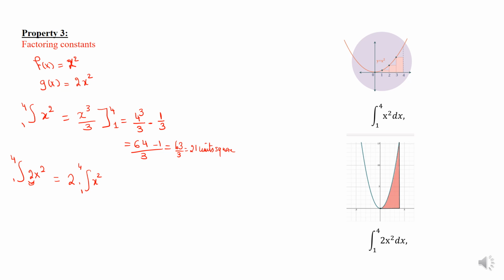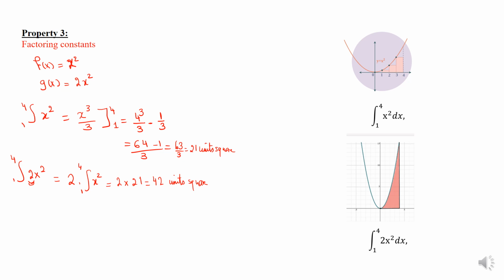You have already found the integral of x squared from 1 to 4, so it is 2 times 21. It is 42 units squared. So the constant can be pulled out of the integral. Constants do not affect the shape of the curve, they only scale the area.